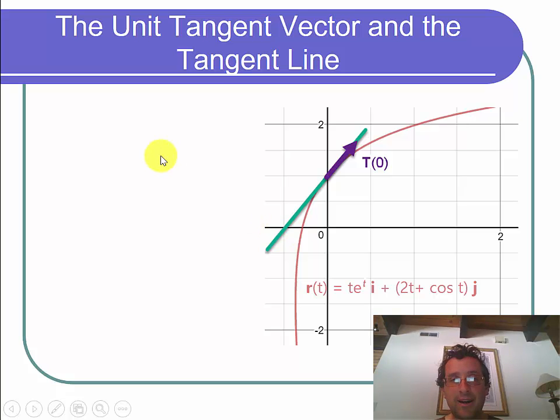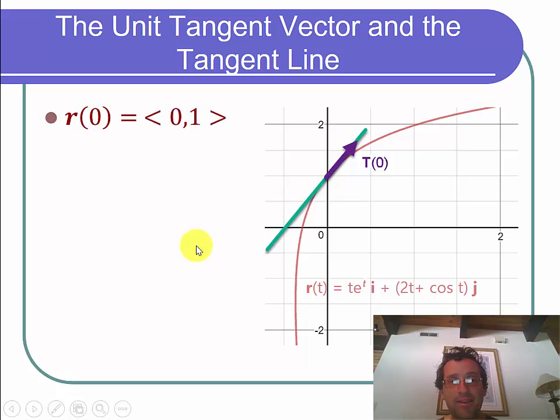So in particular, if you want to find the equation of a tangent line to a curve, or just the equation of a line, you need a point and you need a parallel vector. Well, the point is easy. You just plug in your t and you get your point, because a vector is equivalent to a point. And the parallel vector is the unit tangent vector.